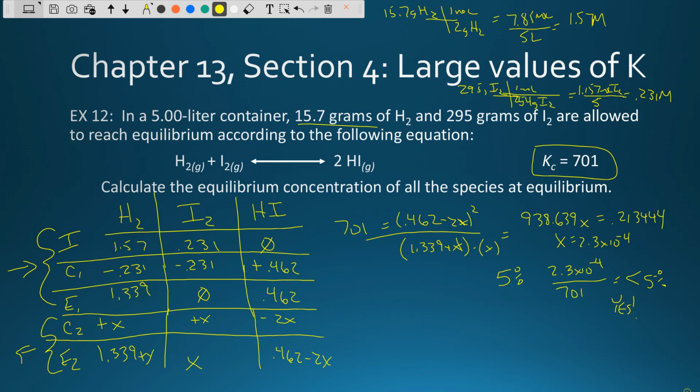It is large enough to cancel, and so I just take a look and I say my 0.339 plus x, well, that's going to equal 1.339. My x, okay, that ends up being my 2.3 times 10 to the negative 4, isn't it? Okay? And then my last one is 2.62 minus the 2x, and so I end up with a 0.4615.